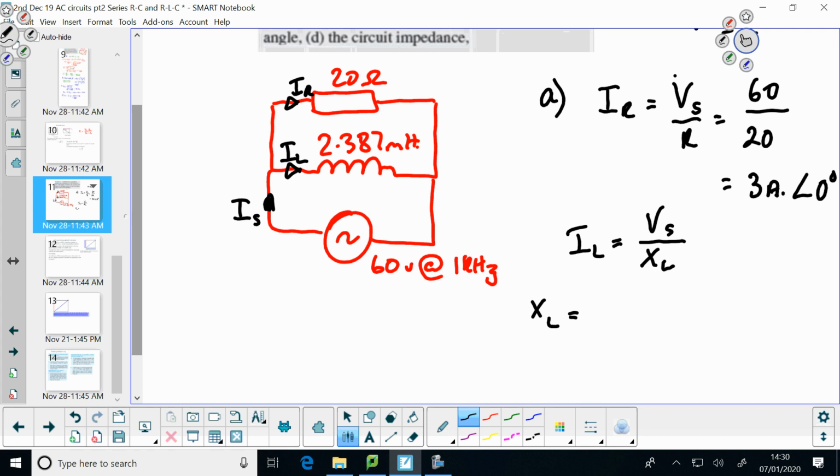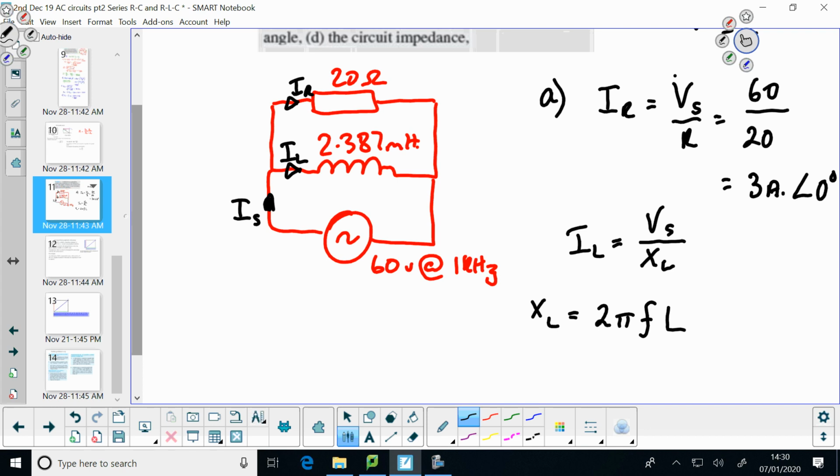Have a look through your notes. Yeah, you're getting there. 2 pi times the frequency times L, the inductance in henries.